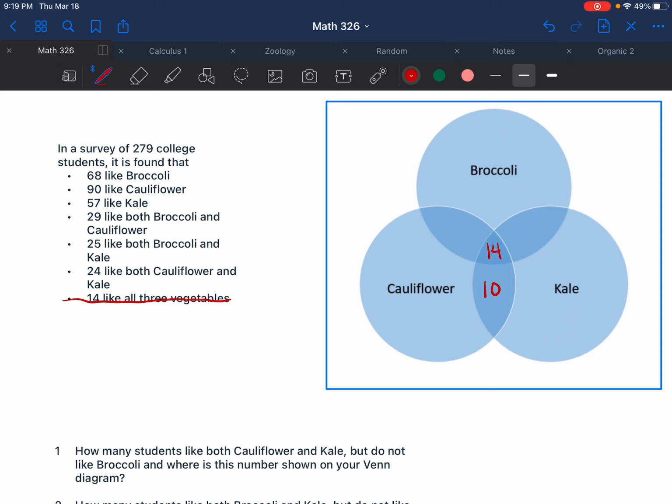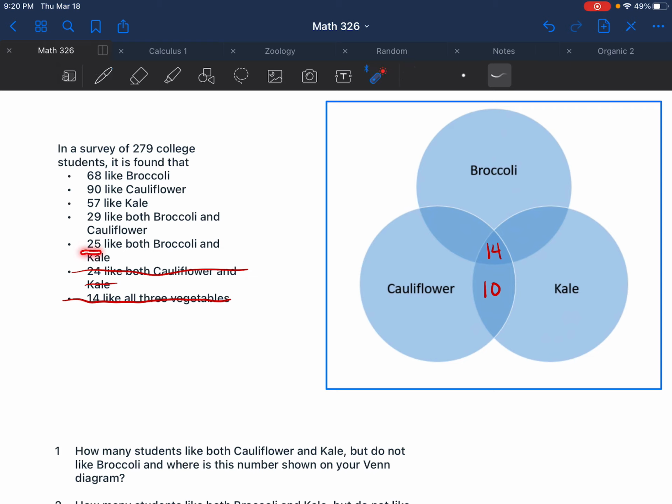Then we would look at this whole section because these 14 people, they may have also liked broccoli, but they also like cauliflower and kale, so they count. But if somebody asked what people only liked cauliflower and kale, then we would say these 10 because these people don't also like broccoli. So the wording of questions really matters, but we will get into that later. So cross that off our list.